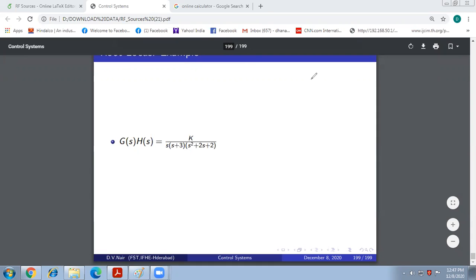As we know, step one will be to obtain all the open loop poles and zeros. There are no open loop zeros. In total there are 2 plus 1 plus 1, that is 4 open loop poles. One open loop pole is at the origin, another is at -3. The roots of the quadratic come out to be: minus b, that is -2, plus minus the square root of b squared, that is 4, minus 4ac, that is 8, divided by 2a, that is 2.